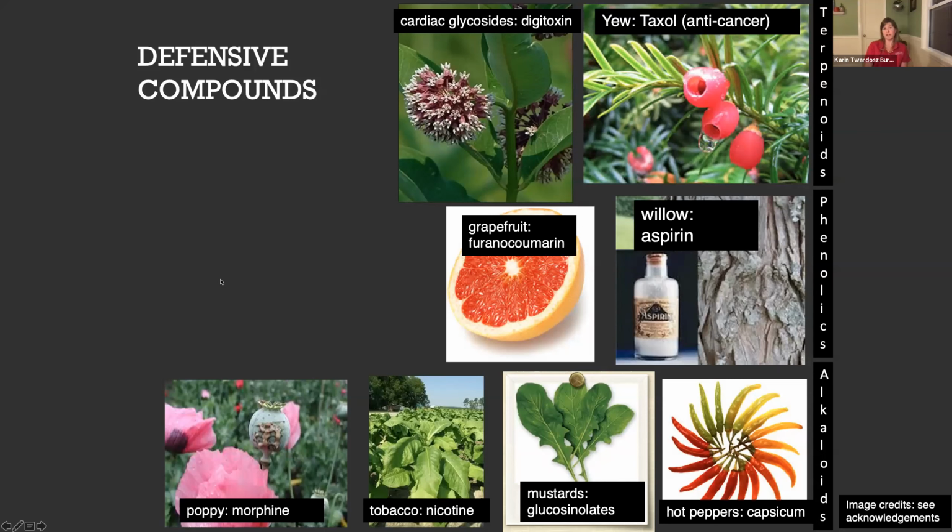Lastly are the alkaloids. These are extremely common compounds that we interact with sometimes daily. Hopefully you don't use all of these every day. But these are compounds that as mammals, we respond to just as these insect herbivores respond to. And many specialized insects have actually learned how to detoxify particular ones, and some of them actually rely on those compounds for their own defense, such as monarch caterpillars, which you might have heard about.